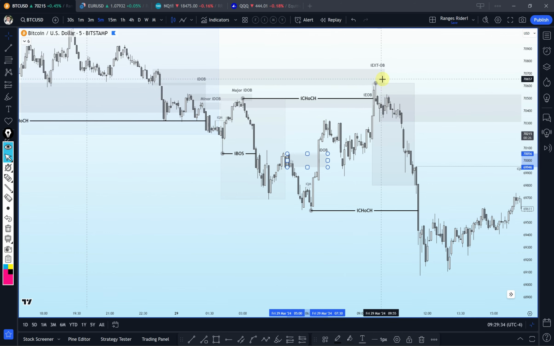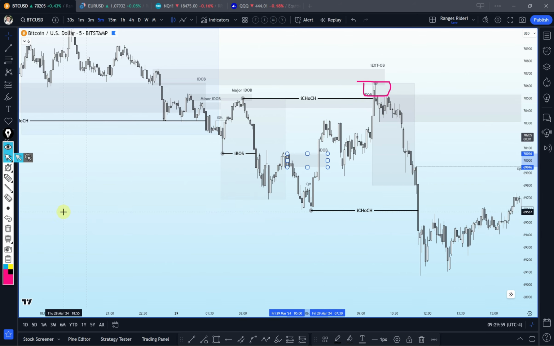From the external OB, the market made another breakup structure. So that's why we have two ICHOCH. You can just write them as ICHOCH. Why? Because the body closed above this one, but it doesn't mean that we will start to buy here. These are all SMTs, because this one was basically the inducement.